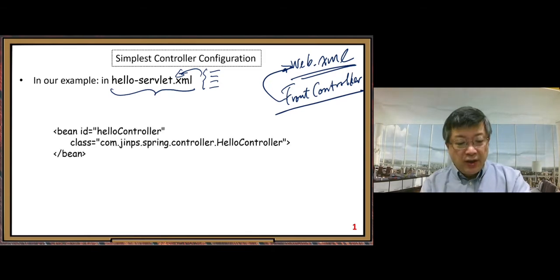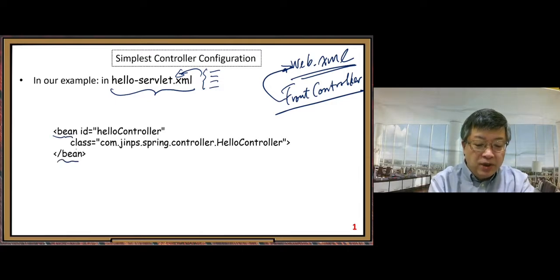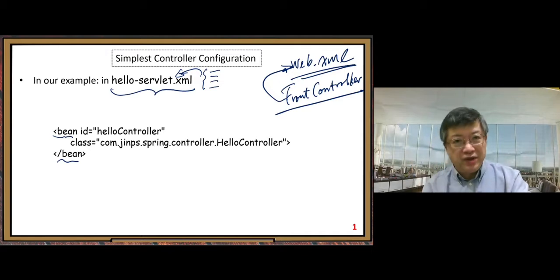So let's look at the configuration for our controller, hello controller. You can see it is simple. This bean element, ID attribute, class attribute. You can see the meaning is pretty obvious.